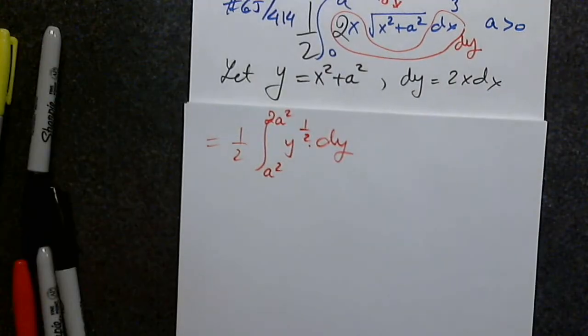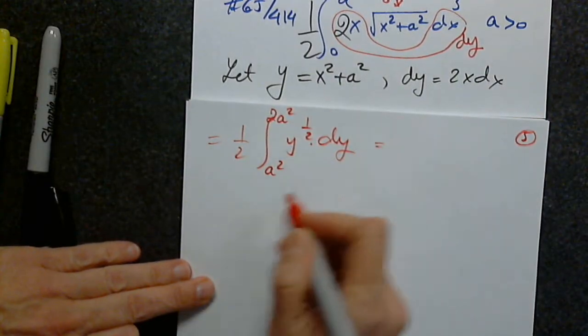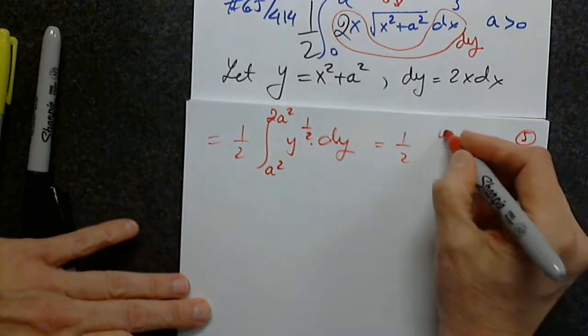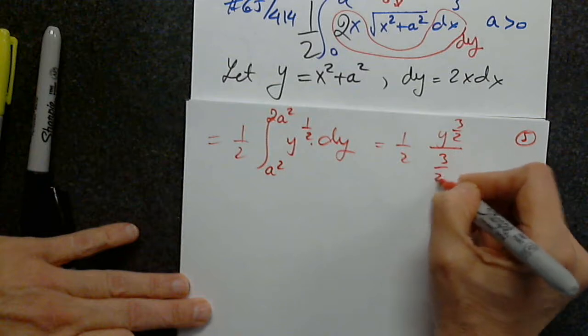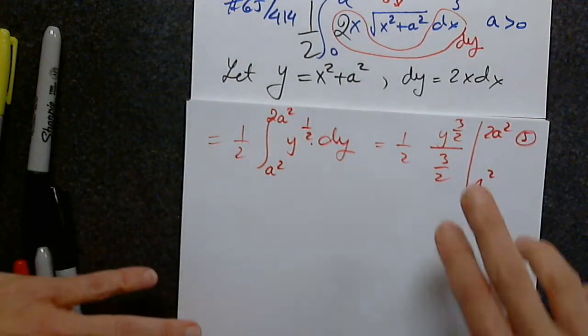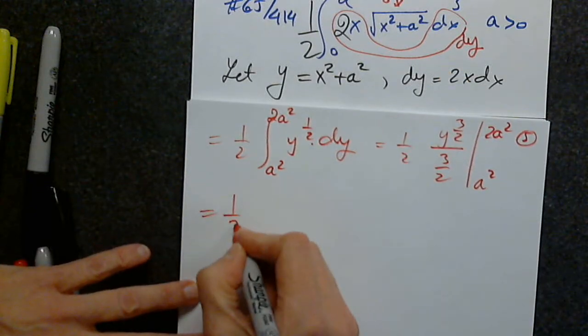So then, is that okay? Yep. So then I have 1/2, again, y to the 3/2 over 3/2 from a squared to 2a squared. I flip and I get 1/3.